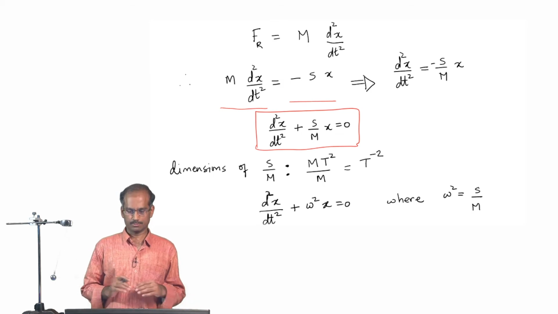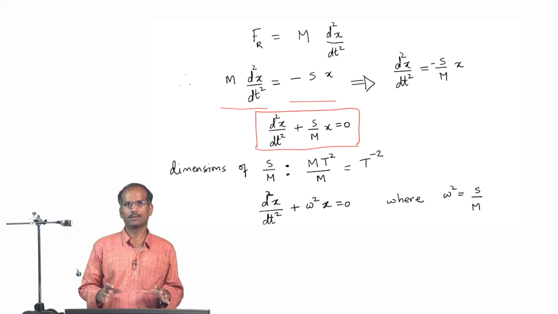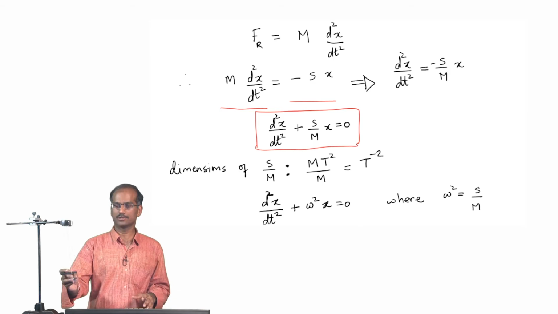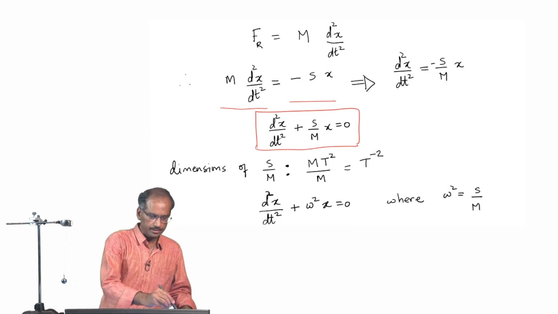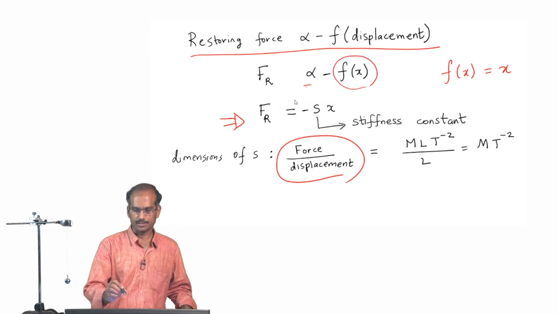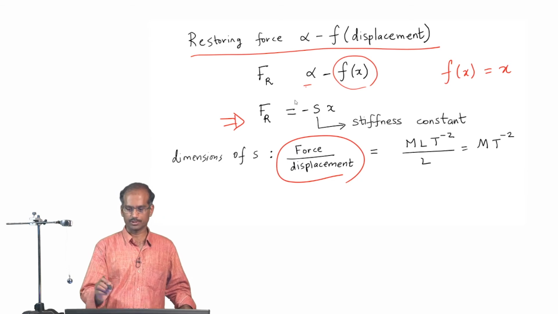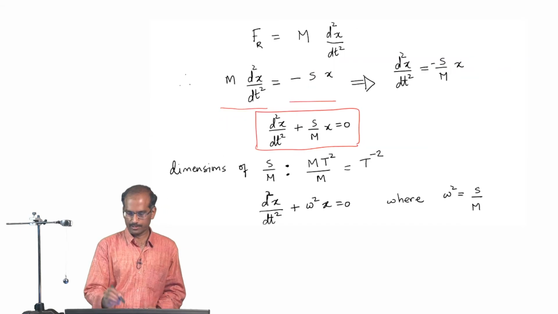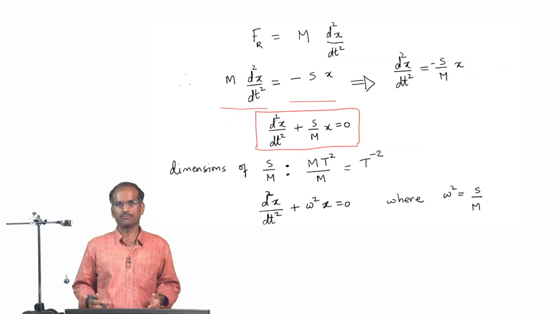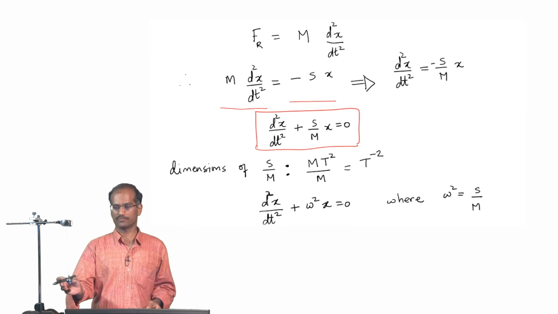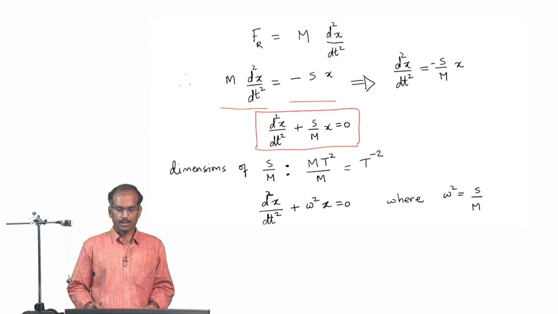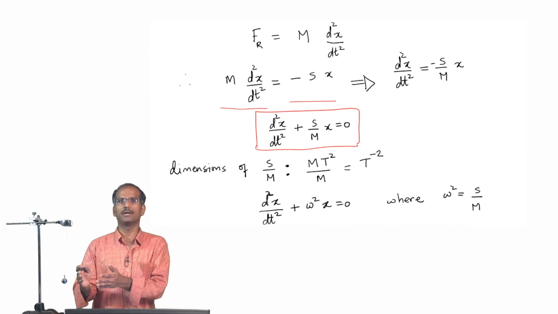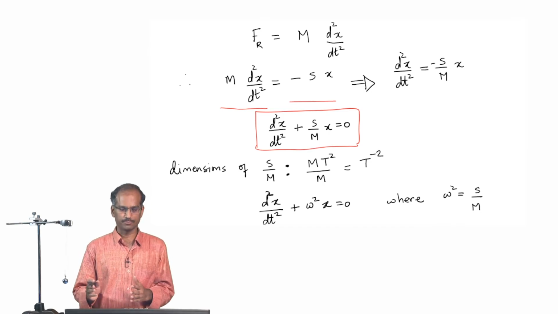You will notice an important point here. We were inspired by the oscillations of this bob to write this ansatz that the restoring force is proportional to displacement, with a negative sign, and from that we have obtained this. This is basically an equation of motion that describes the motion of this bob. But if you look at this equation, it does not really relate anything to the pendulum.